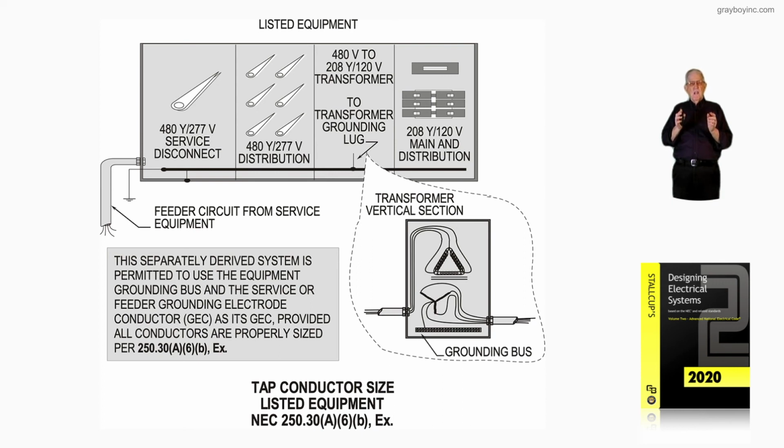So with this kind of installation, Figure 16-51 is addressing the exception to allow everything to be grounded to that common bar and the listed equipment connected into the electrode system in accordance with 250.50.